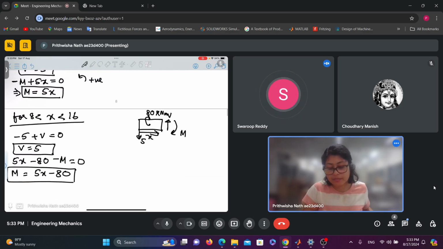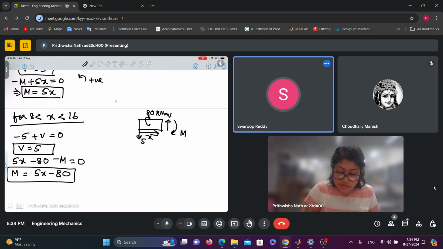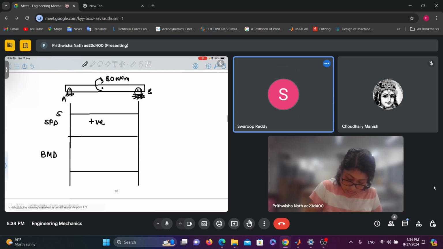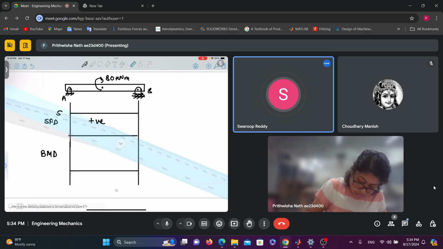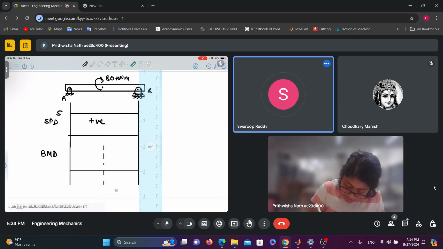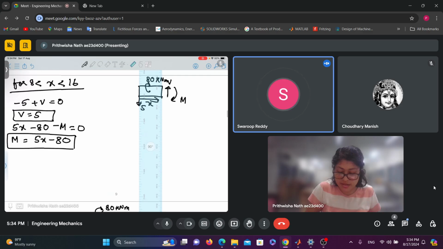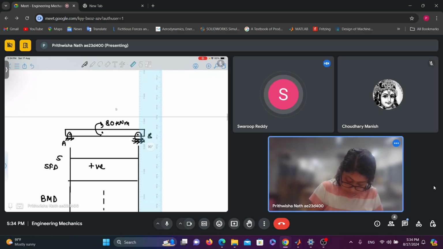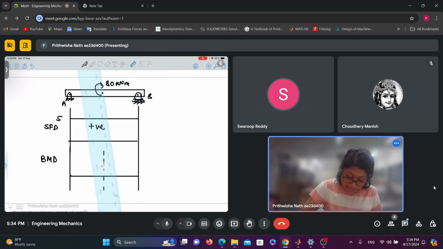So bending moment, it is a straight line equation, right? 5x. At 0, it should be 0. See, it is 5x. So at x equals 0, M is 0, right? Now it should be a straight line.